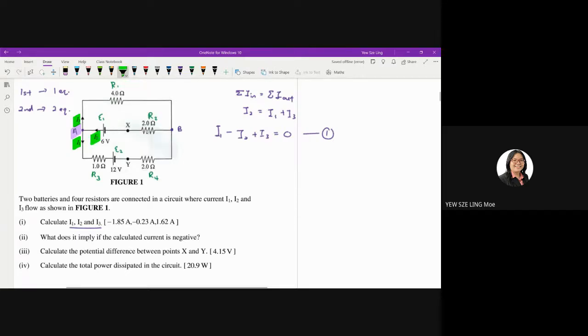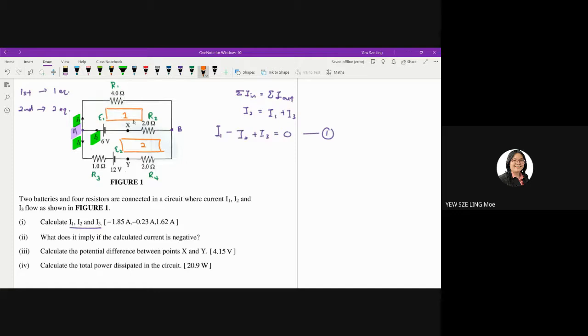All right, next step. After I'm done with first law, I'm going to apply second law. So in order to apply second law, what I should do, I need to draw a loop. Okay, I need to draw a loop in the diagram. Two loops, because now I have a two loops question. So this would be my loop 1, this would be my loop 2.